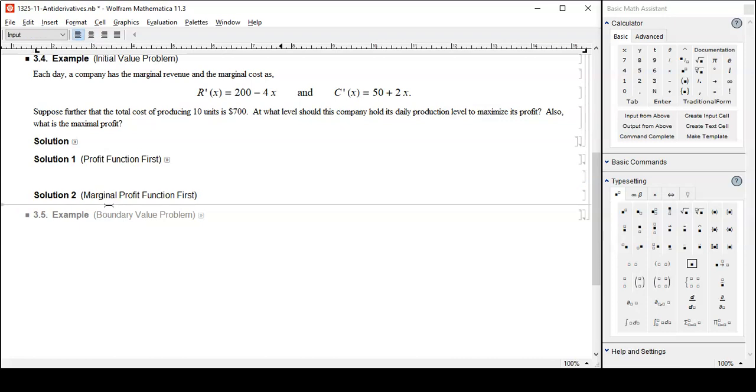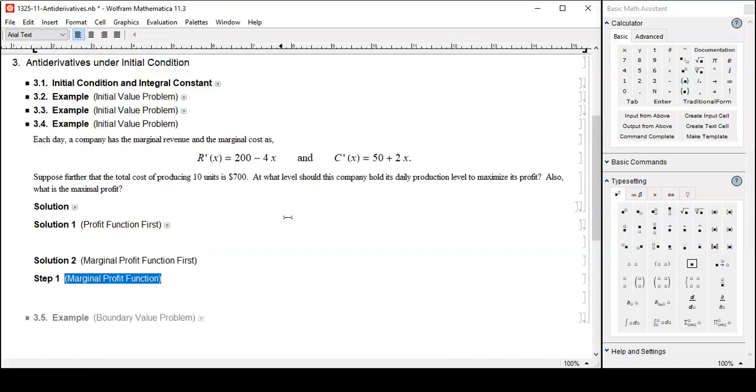Let's consider marginal profit first. So marginal revenue is here, marginal cost is here.